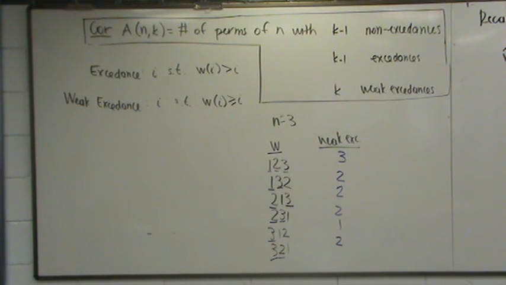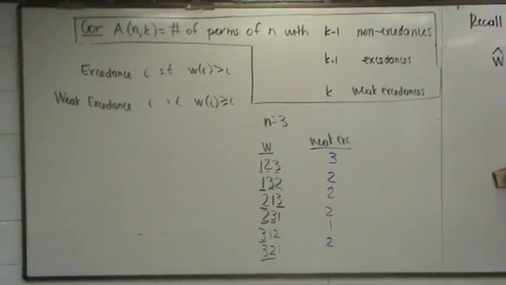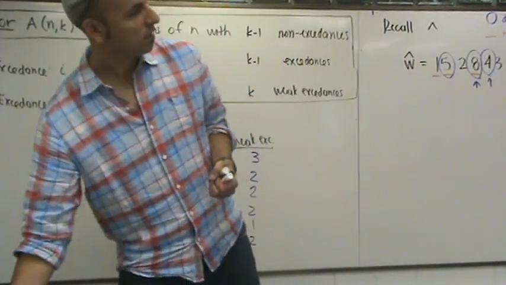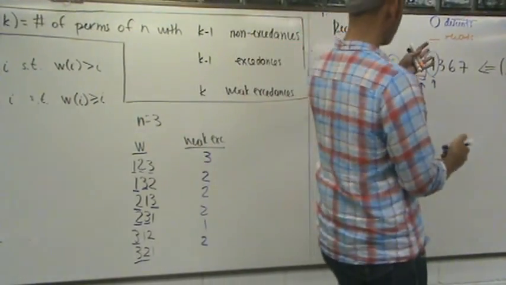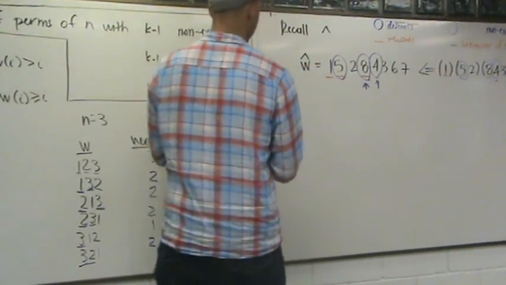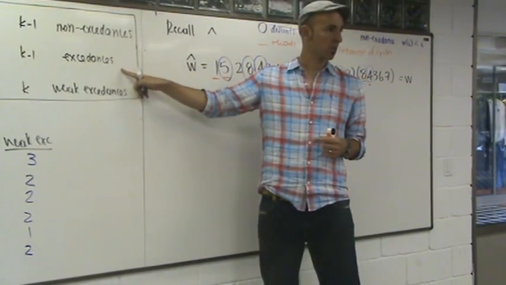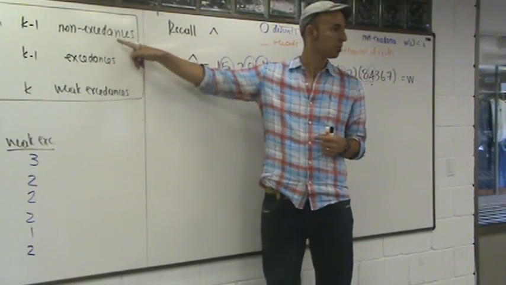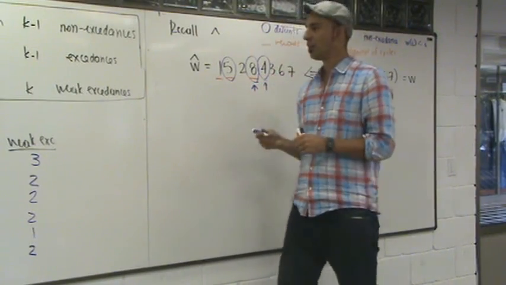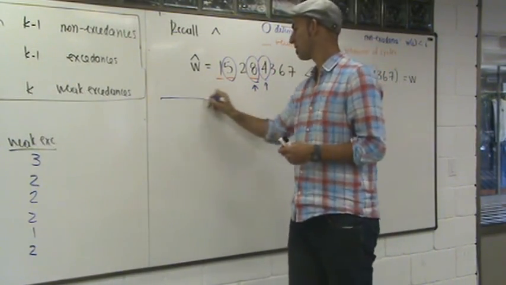So, because I proved this for non-exceedances, and I've stated here for exceedances, let's give a bijective proof from here to here. And the bijective proof goes like this.